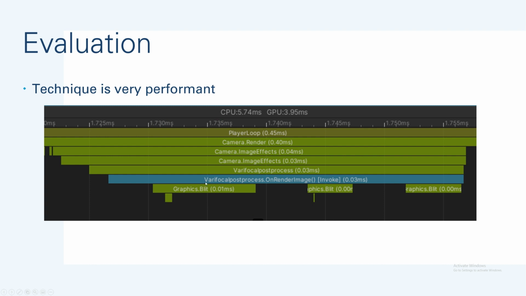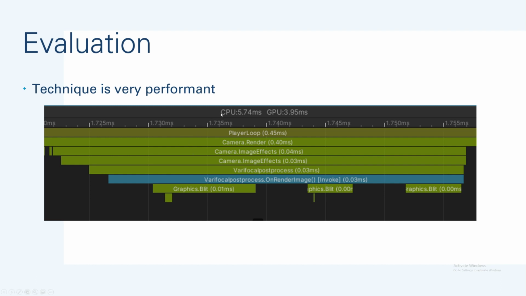So aside from the aesthetic evaluation of this method, we can talk about the technical evaluation: how long it takes to run, and whether it hogs much resources. This is a screenshot taken from the Unity profiler. It tells you everything you'd want to know about what's taking up time per frame.